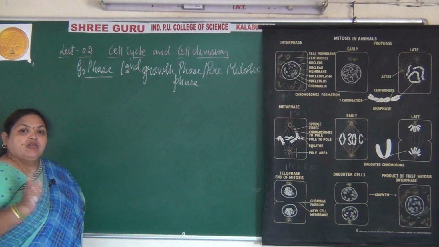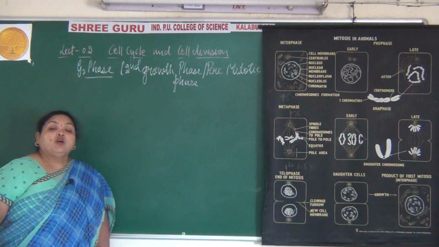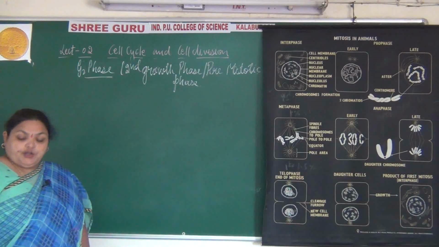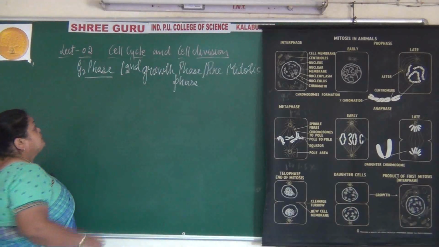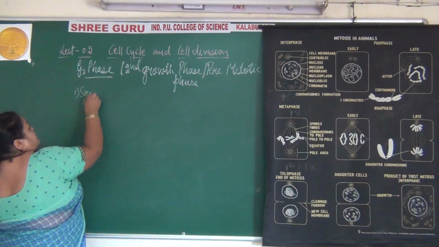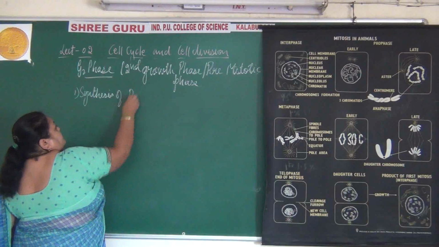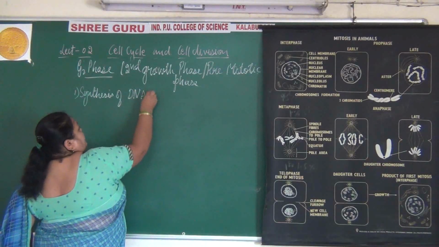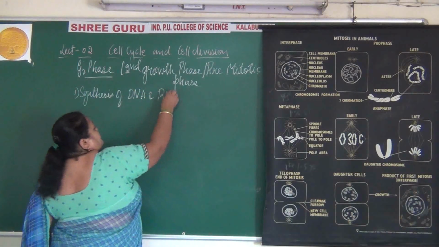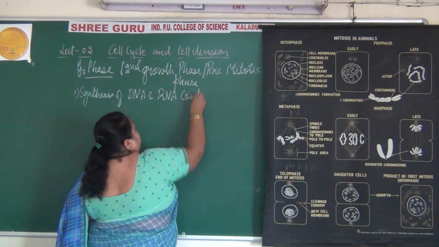What happens in the cell when it is in the G2 phase, or what are the events that occur during G2 phase? So here the synthesis of DNA and RNA continues.